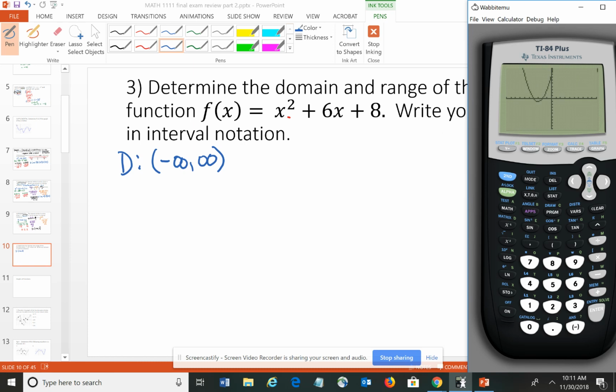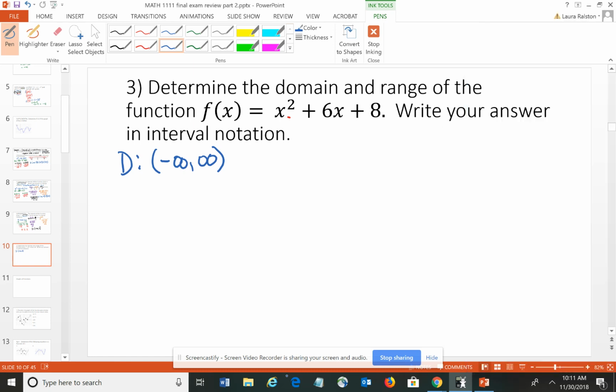If I don't remember or realize that this function is going to be a parabola, in terms of a parabola turned upward, as we saw on the graph, the low point occurs at the vertex. So I need to determine the vertex of this particular function.